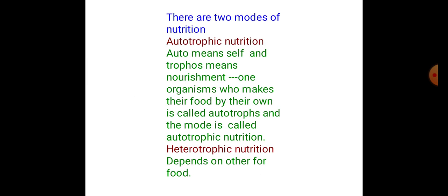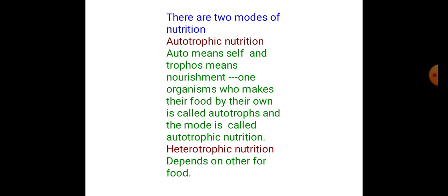Now, our next topic is types of nutrition, the modes of nutrition. So students, there are two modes of nutrition which we are going to discuss in this chapter, and they are: first one, autotrophic nutrition, and second one, heterotrophic nutrition. Now, what is autotrophic nutrition and heterotrophic nutrition?